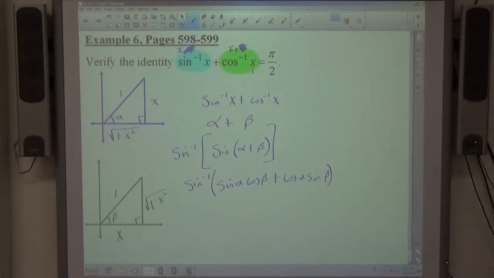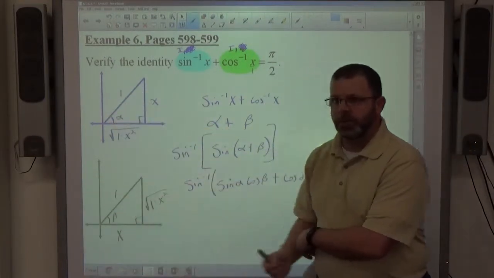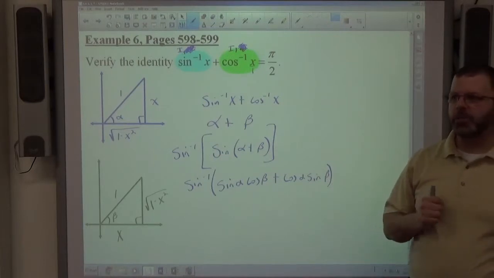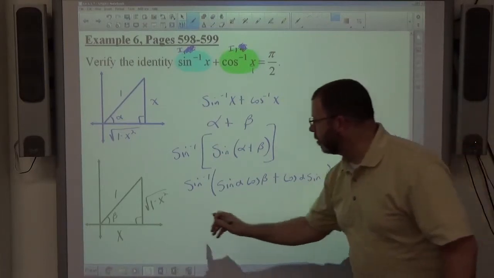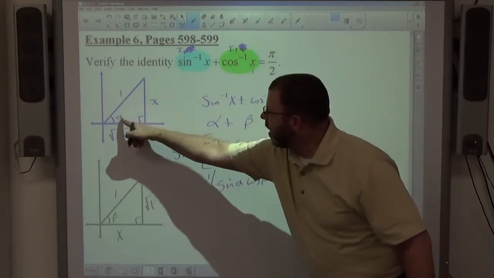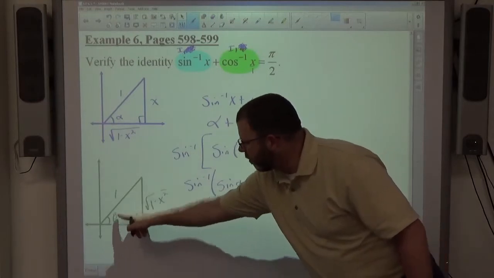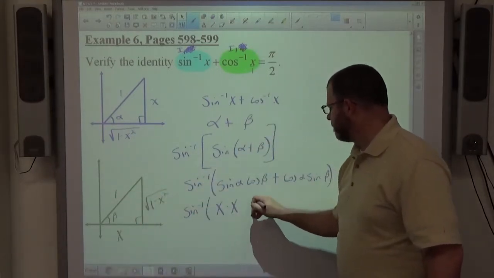And it just so happens that sine of alpha and cosine of beta and cosine of alpha and sine of beta are present in these 2 triangles here, right? So we have the ability to get expressions representing those things. So we substitute those things in. I get inverse sine. Sine of alpha, opposite over hypotenuse, is x. Cosine of beta, adjacent over hypotenuse, is x.